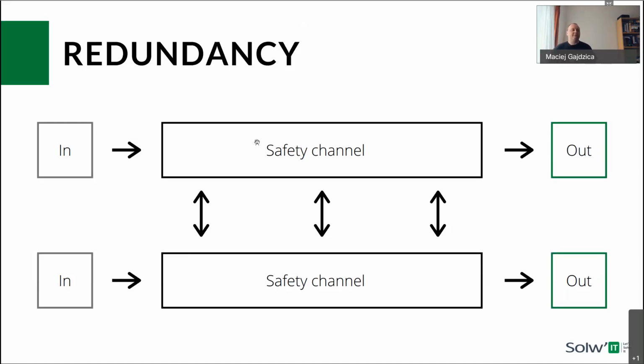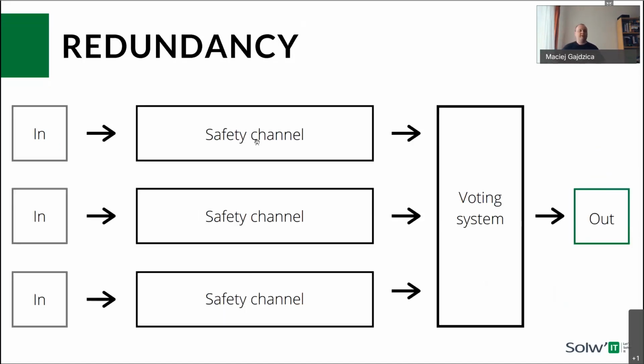We can have even more sophisticated redundancy mechanisms, like this voting mechanism. So here we have 3 separate channels and some mechanisms to decide which output is correct. And this concept is widely used, for example, in aerospace, where we can't just go into some safe state and wait for the operator. We must ensure that the airplane which is in the air will safely land.